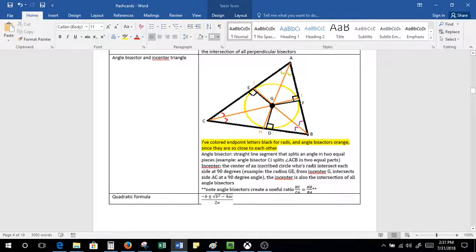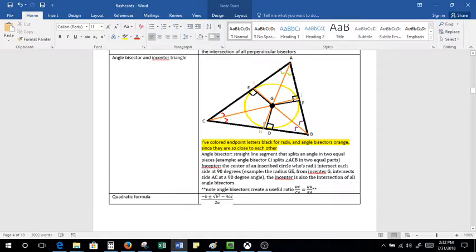And what can be done here is this is actually the center of a circle that could be drawn inside the triangle such that the radii make a 90-degree intersection with each side. So if we drew a radius and it hit the side of this triangle, it would hit at 90 degrees.